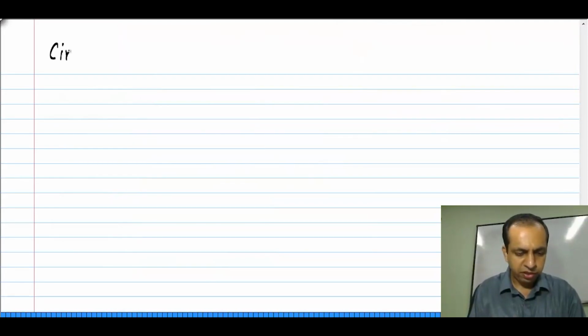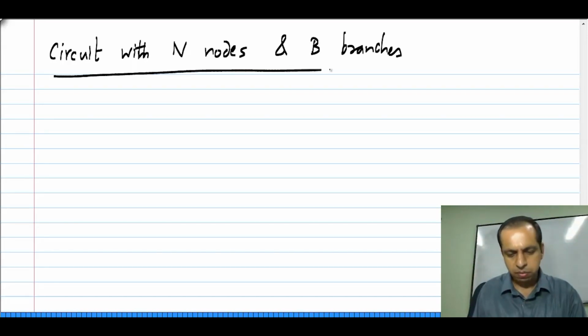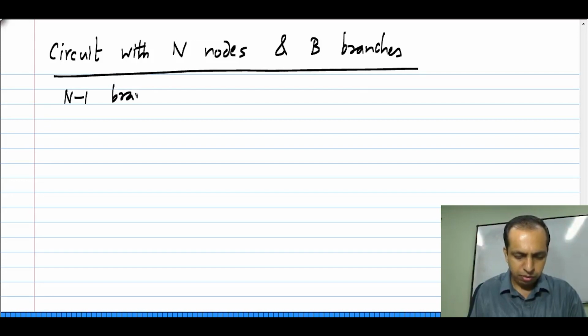So, we have a circuit with n nodes and B branches, and a circuit with n nodes will have n minus 1 branches in the tree.